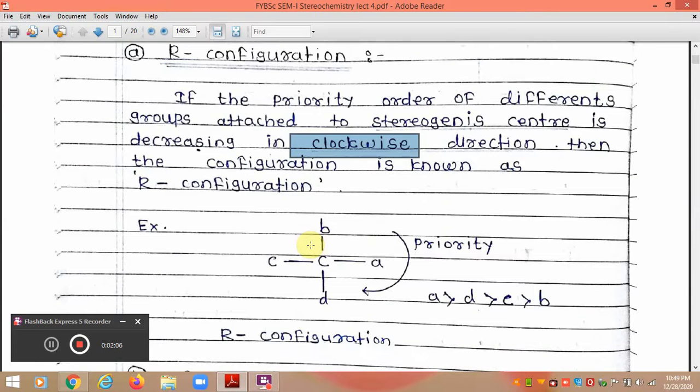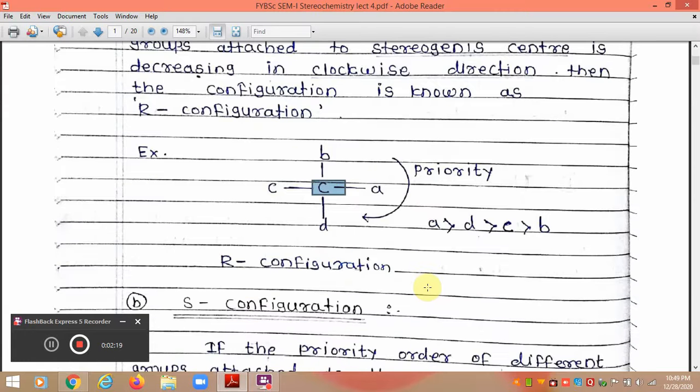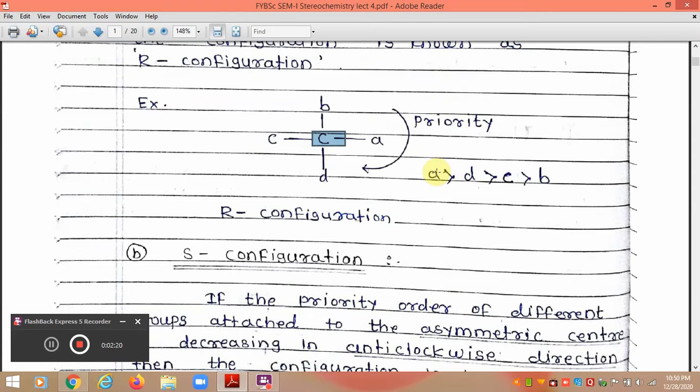For example, suppose this is an asymmetric carbon atom attached to four different groups A, B, C, D, and we assign their priorities based upon a particular rule called the CIP rule, that is, the sequence rule. A has the highest priority and B has the lowest priority. So this is A, D, and C, and B. So this is the priority. Here the priority order is decreasing in clockwise direction. That's why this carbon atom has R configuration.